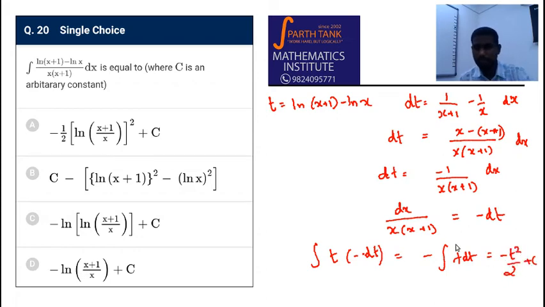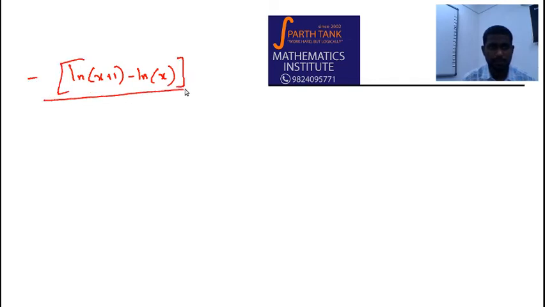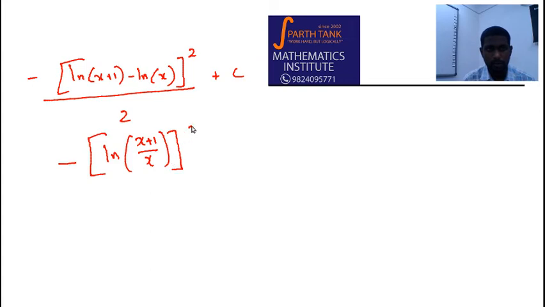Right? Let us substitute the value of t. t is ln of x plus 1 minus ln of x, the whole square, with a minus by 2 plus c. Now this is simple. ln a minus ln b is ln of a by b, so minus ln of x plus 1 by x, the whole square, by 2 plus c.